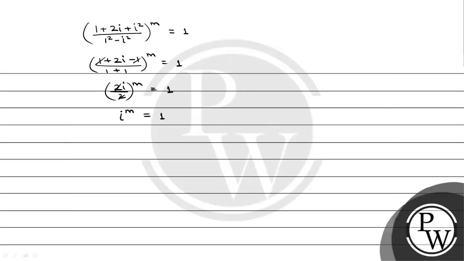So for m equal to 4, we will get i power m equal to 1. Therefore, the least integral value of m is 4.